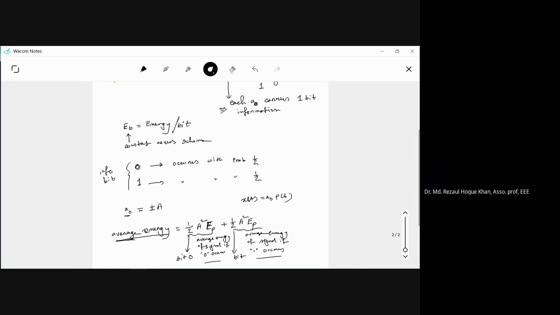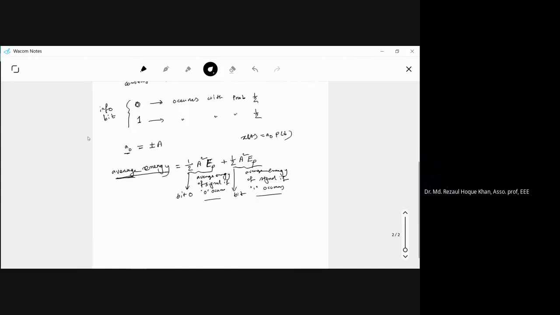So what will happen? It is nothing but A squared Ep, where Ep is the normalized pulse energy, which is 1. So the average energy is A squared. Now, if average energy is A squared, what is its relation with Eb, the energy per bit? Ep is the energy in the pulse.